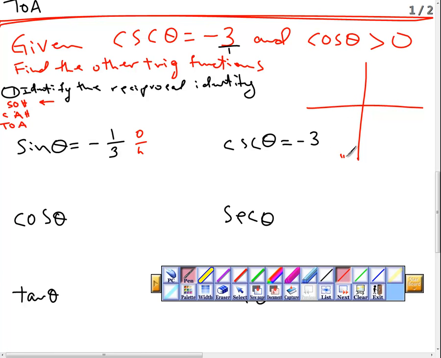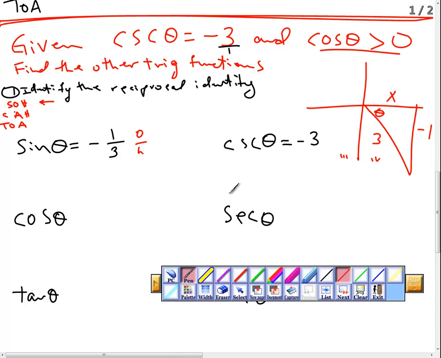So that would be 3 and 4. And cosine is positive. Cosine is like x, right? So that would put us in which one, 3 or 4? 4, right. Okay, so we have opposite is negative 1, hypotenuse is 3.